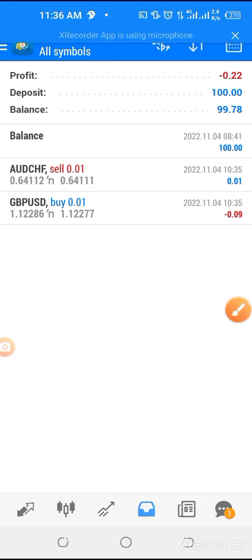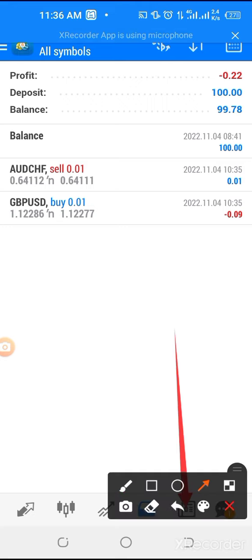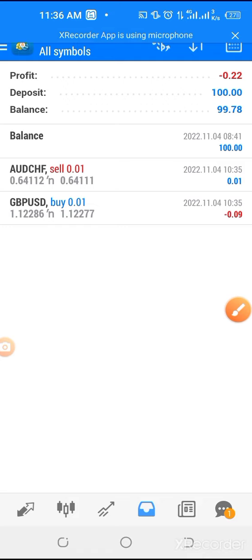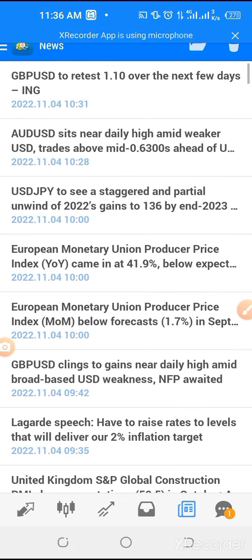The next icon is the news icon, where news drops on MT4. I'll also show you how to find news on other platforms like Forex Factory and Investing.com. But in the MT4, you can also find the various trade news if you are into fundamentals. So let's click on the news.